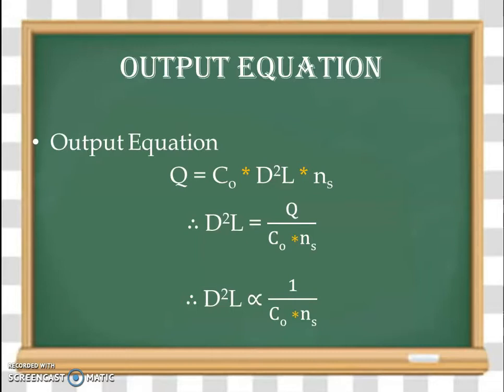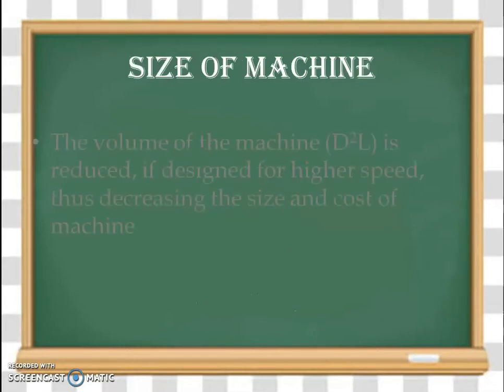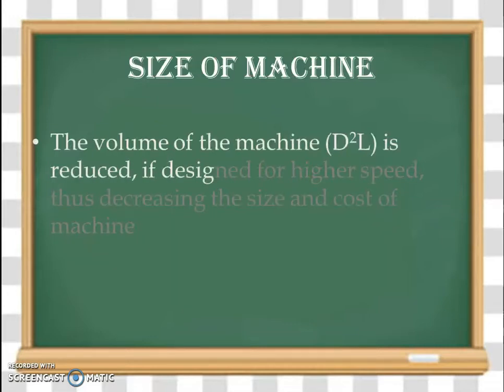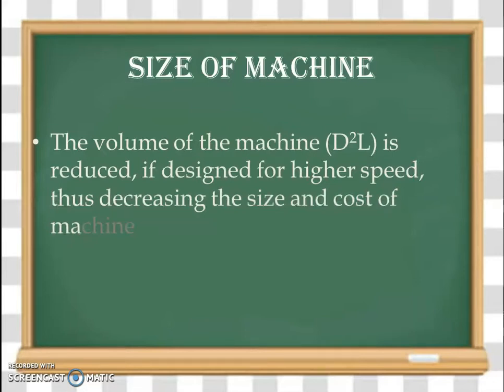Now from this equation we can see that D square L is inversely proportional to the output coefficient and the synchronous speed. So what exactly does our output equation indicate? The volume of the machine, D square L, is reduced if designed for higher speed, thus decreasing the size and cost of the machine.